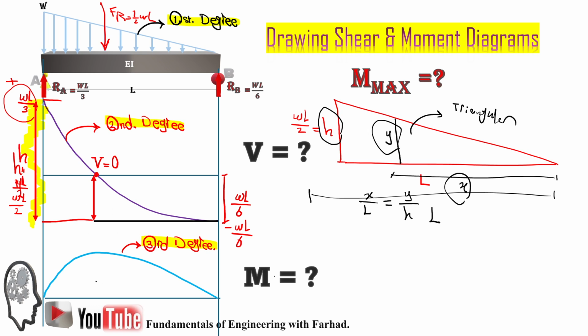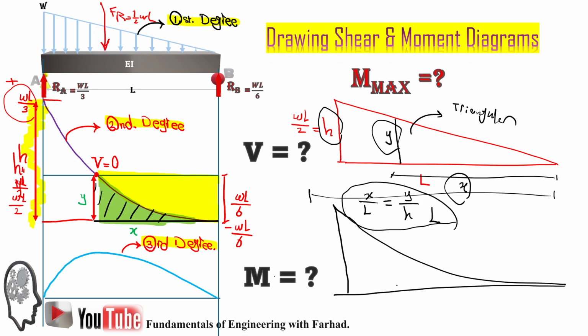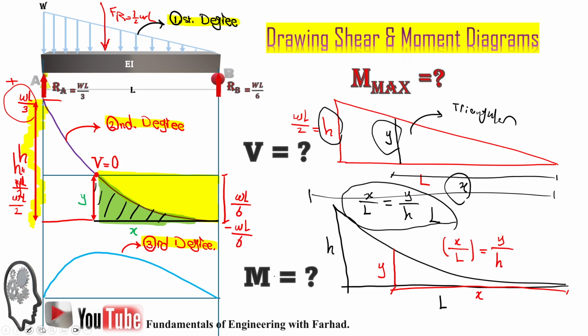So if we call this part x and this is y, we can have this reasoning. The same story for our case for this greenish area. You can see the only difference is now our case is this one with the length of X and height of Y, where this is L, this is H. One can easily say we can have it like X over L is equal to Y over H. The only difference is you have to consider X over L to the power of 2 because we have a second degree or an exponential curve.